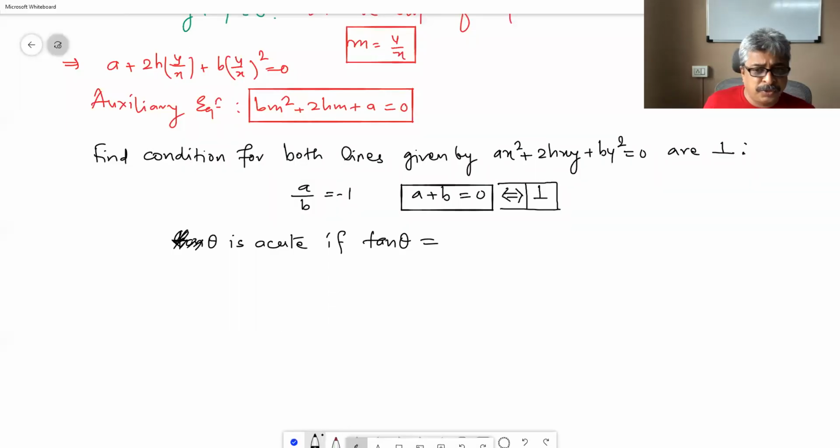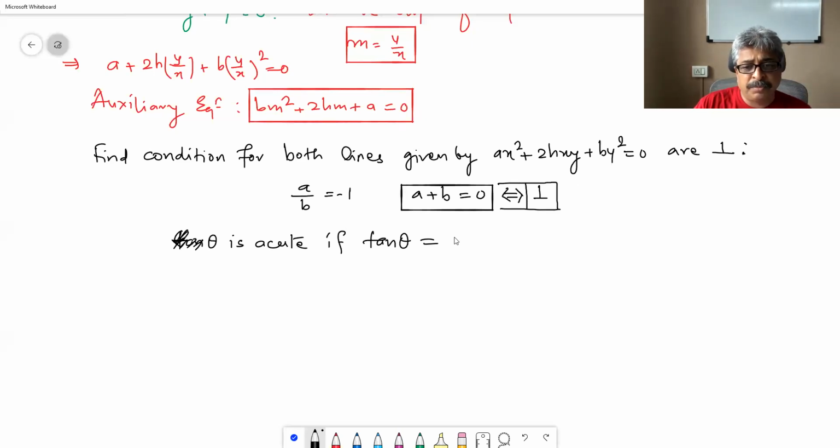Between the straight lines, tan theta is equal to the absolute value of 2 times radical h square minus ab upon a plus b.